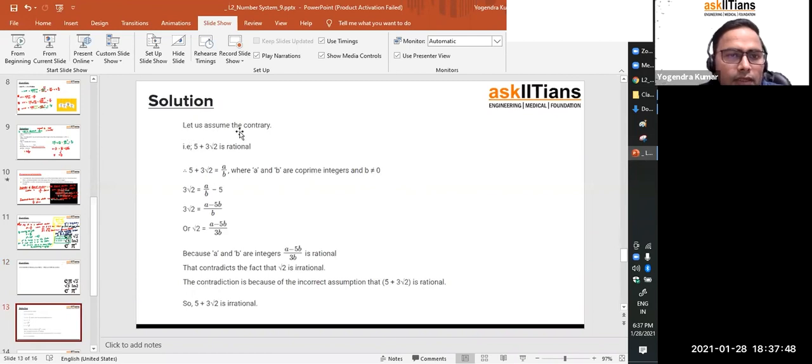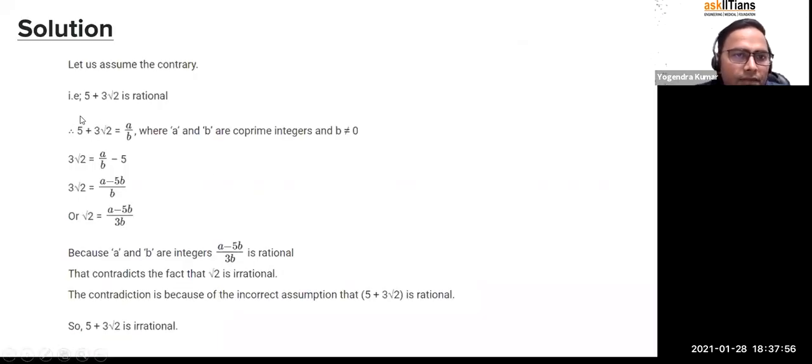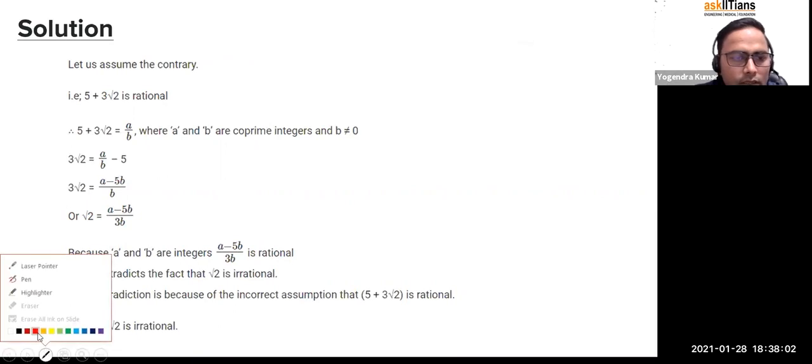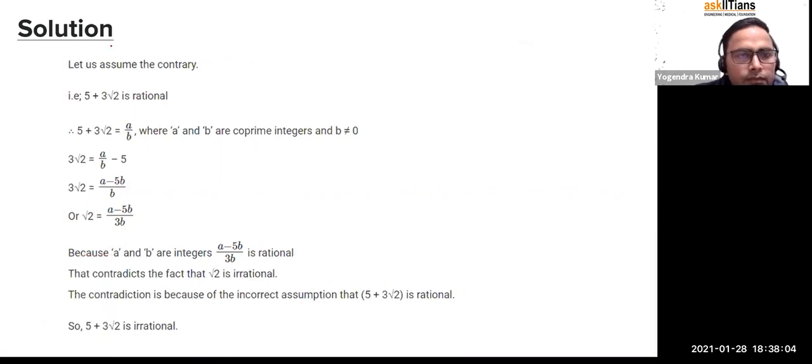Let us assume the contrary, that it is rational. If it is rational, what is given to us? We need to remember that this is already given to us. Given statement: root 2 is irrational.